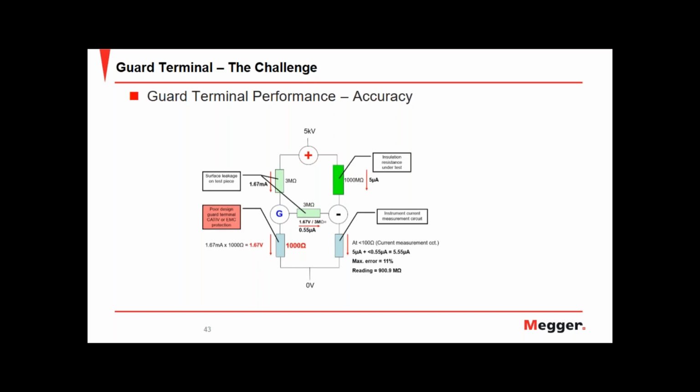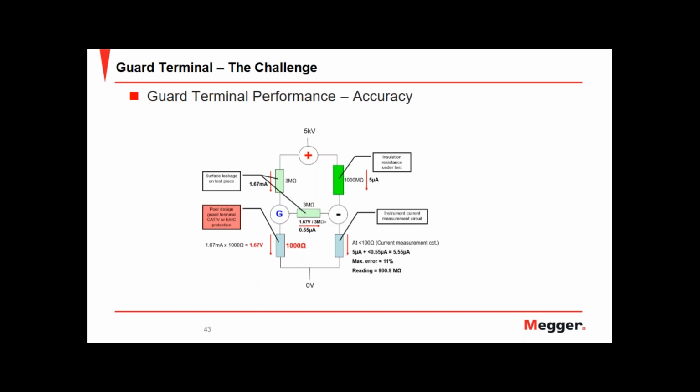Limit that energy. But here we can see on the bottom right hand side the calculations, and we've actually got a reading of 900 megohms, which should be 1,000 megohms. So we've got about an 11% error on this measurement, and this is caused primarily by the 1,000 ohm resistor that they've put in to try and improve their cat rating.